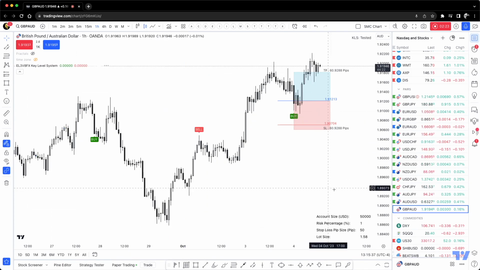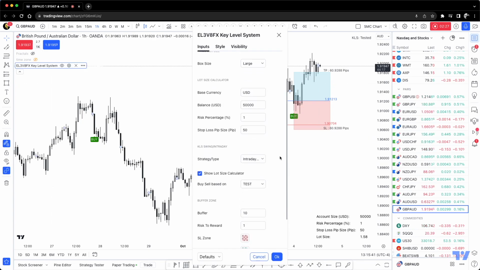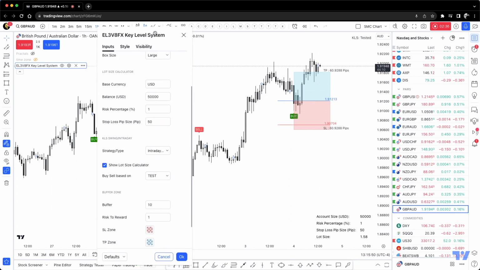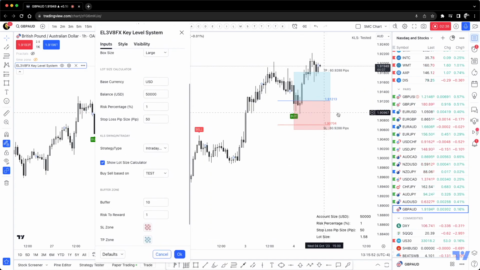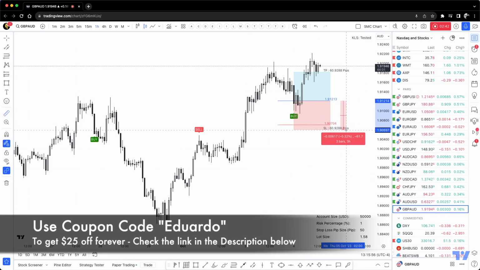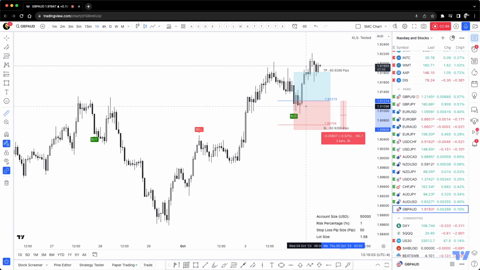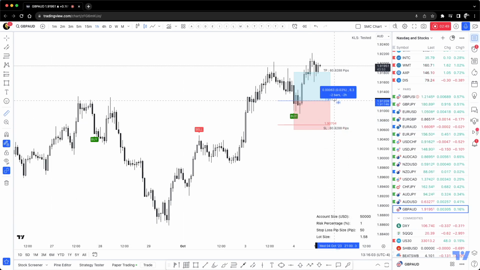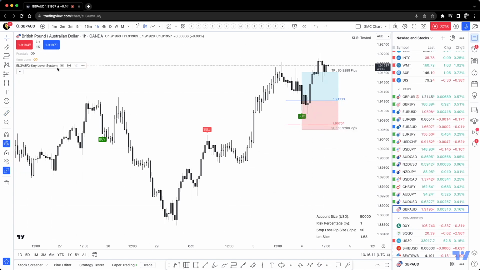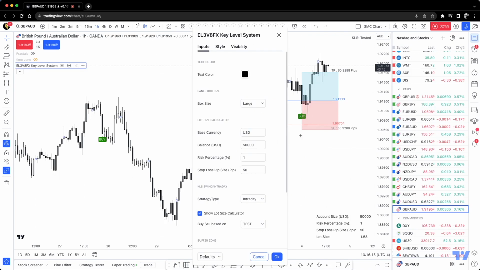Then you select the size, the amount of pips that you want to be risking. In this case, let's see how many pips are right here. About 60 pips. Normally from here to here, I actually have about 50. That's 50 pips, so the indicator will calculate that 50 right there.